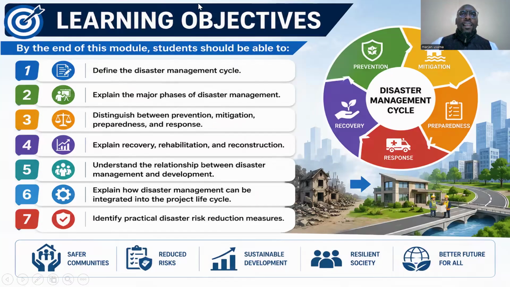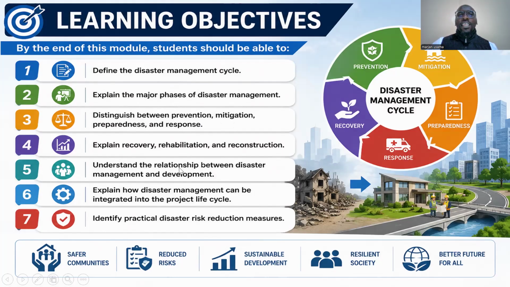These are going to be our learning objectives today. By the end of this module, you should be able to, number one, define the disaster management cycle. Number two, explain the major phases of disaster management. Three, distinguish between prevention, mitigation, preparedness, and response. Then explain recovery, rehabilitation, and reconstruction.